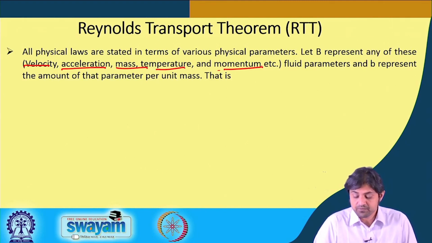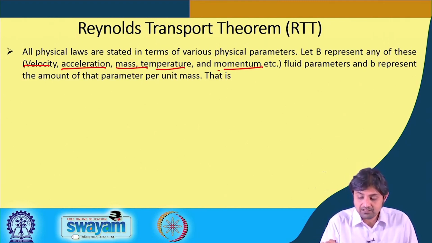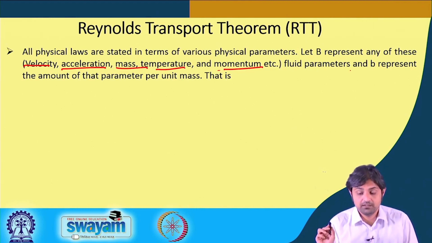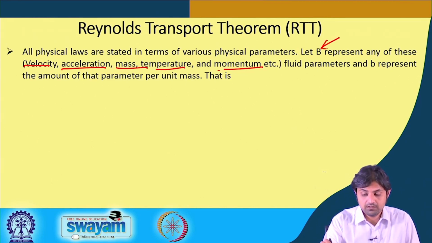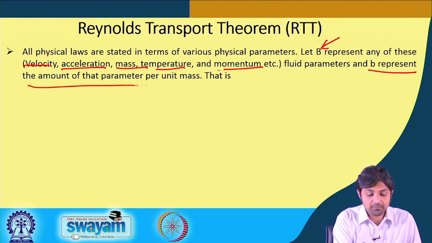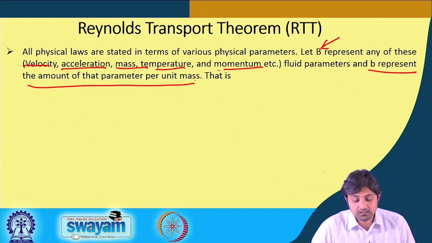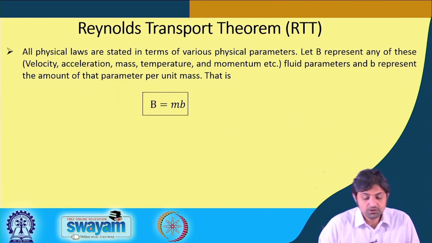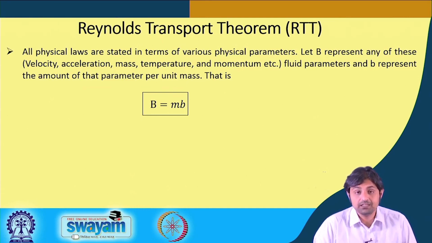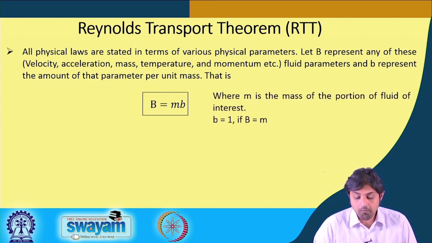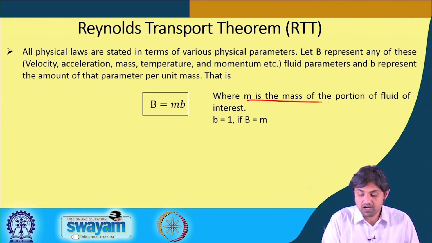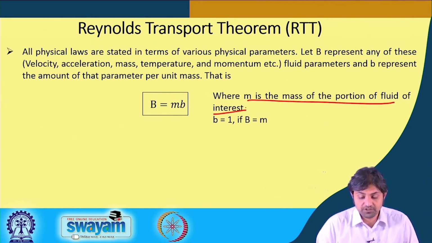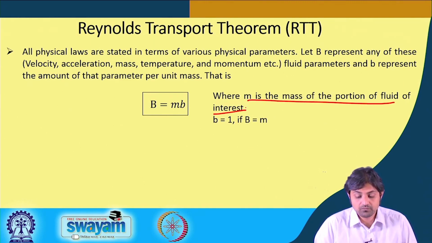Let capital B represent any of these fluid parameters, and small b represent the amount of that parameter per unit mass, that is, capital B is equal to m into b, where m is the mass of the portion of the fluid of interest.